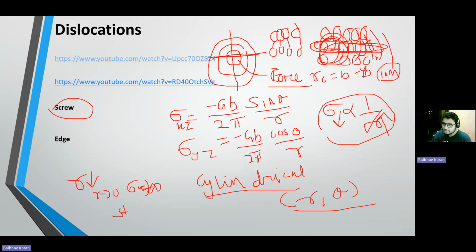I am talking about stress, but there is a difference in the bond energy of the material altogether, as I told you earlier. So this extra energy must be stored somewhere. This is stored either in the core of the dislocation or in bigger radii when the R increases around the dislocation.